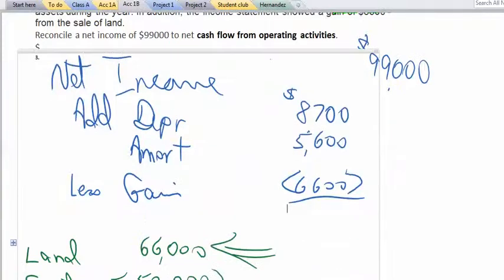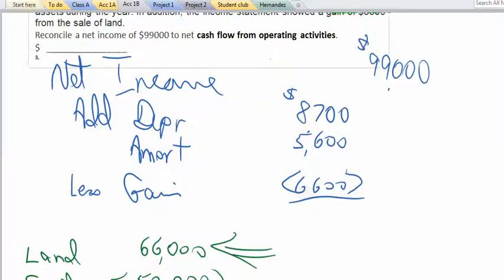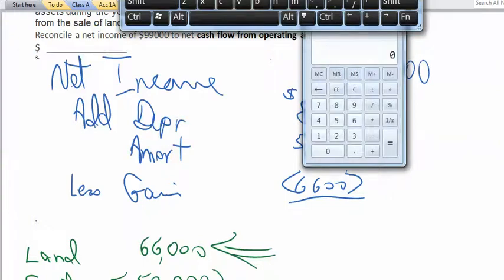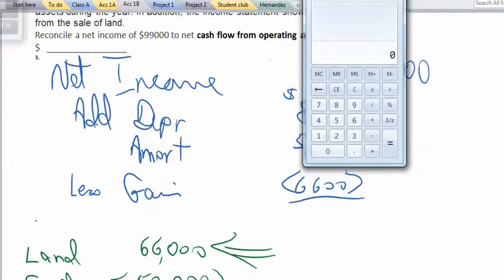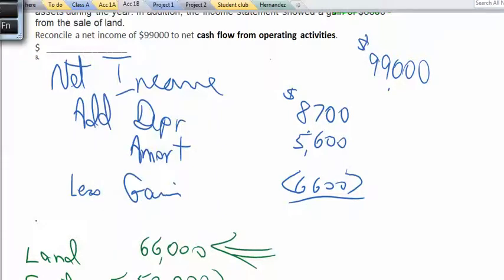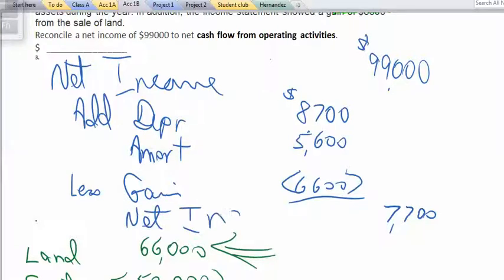My total adjustment then is going to be $8,700 plus $5,600 minus $6,600. So my total adjustment is going to be an increase of $7,700. So that's going to be my net increase.